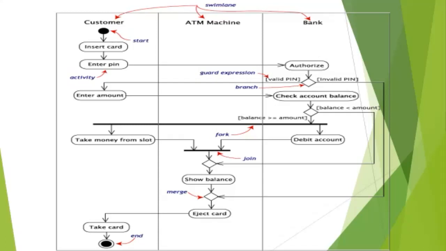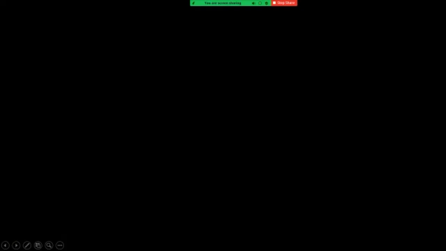And if the balance is present, the customer takes money from the slot. Finally, these two, take money from slot and debit account, are joined together with the help of a join and go to the final decision box, show balance, and finally eject the card.